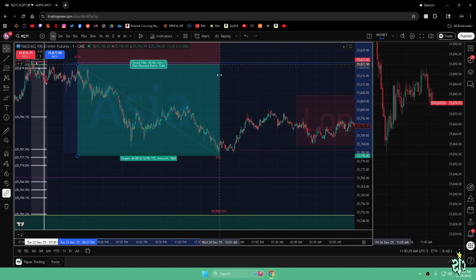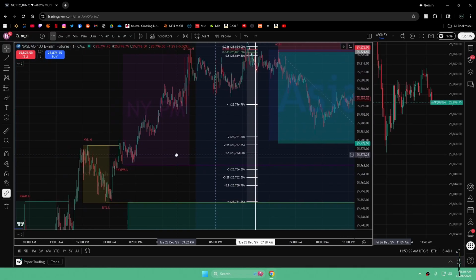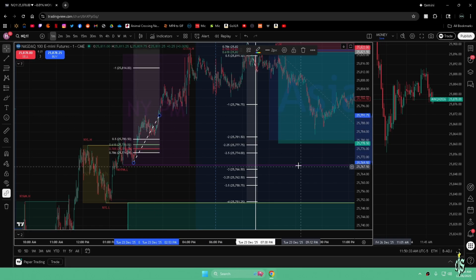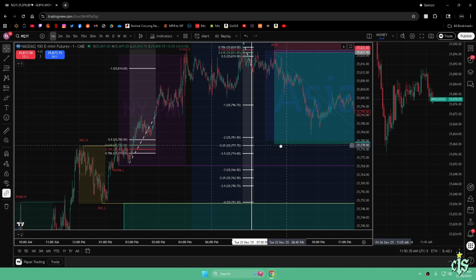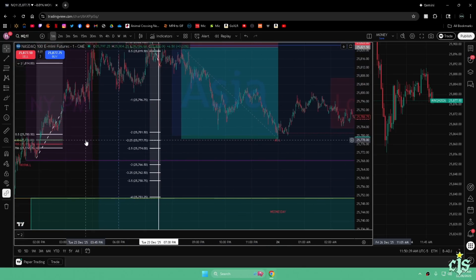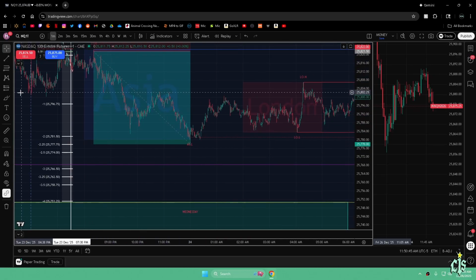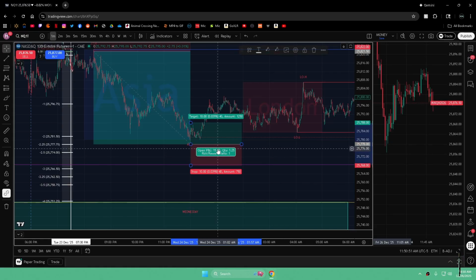So we take buys from this wick, I believe it was this one. Yeah. So we have our range of balance here. So you take buys from here. Boom, right?